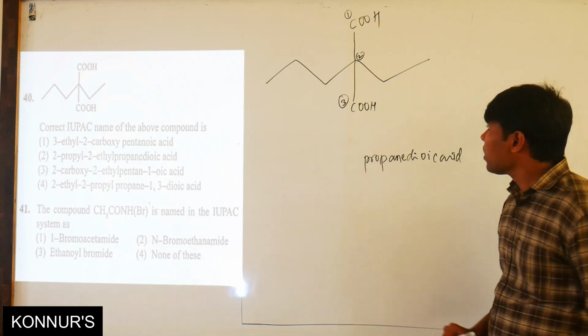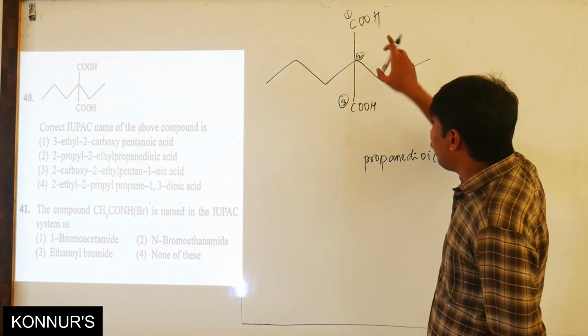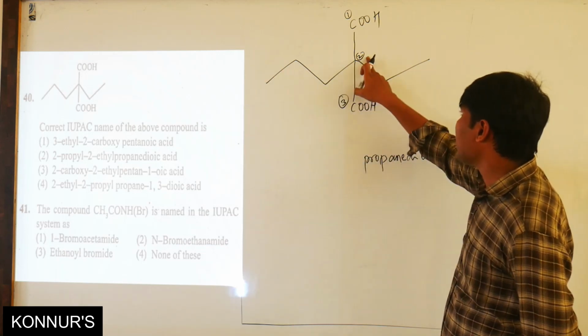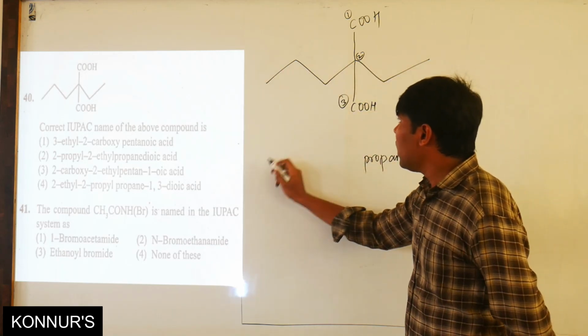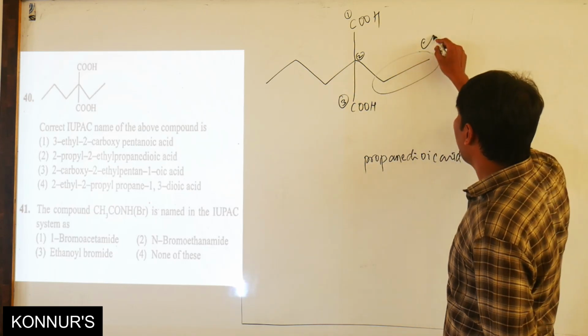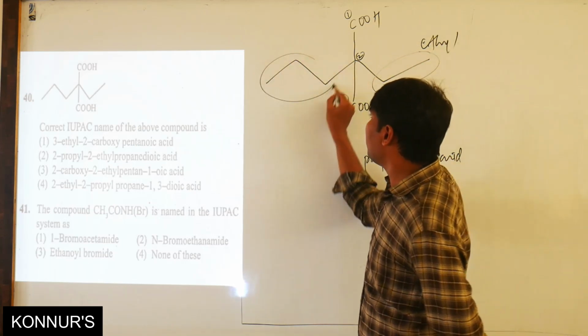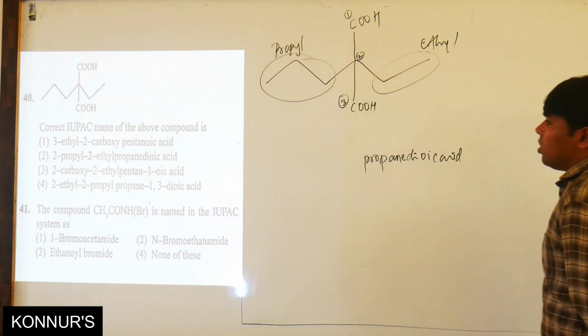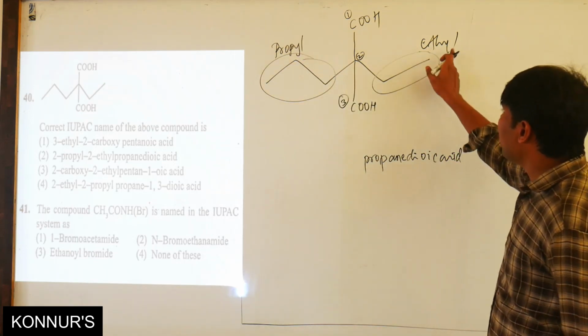So propane dioic acid. Here on the second carbon there is a propyl, and on the second carbon there is an ethyl. Let us take alphabetical order. This is an ethyl and this is a propyl. So alphabetically this comes first.